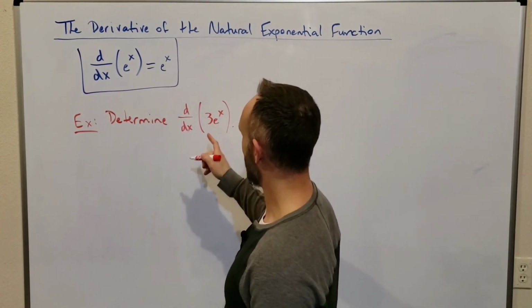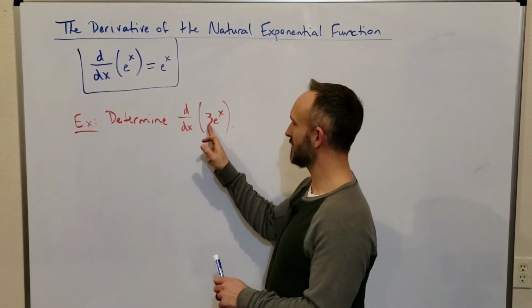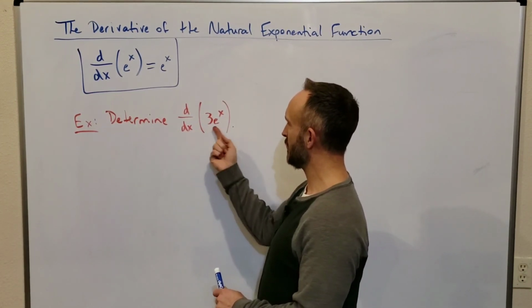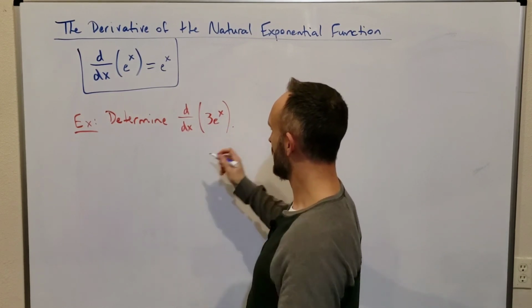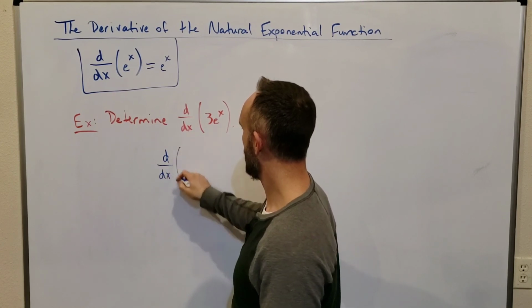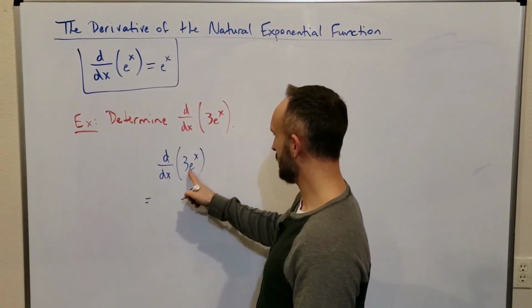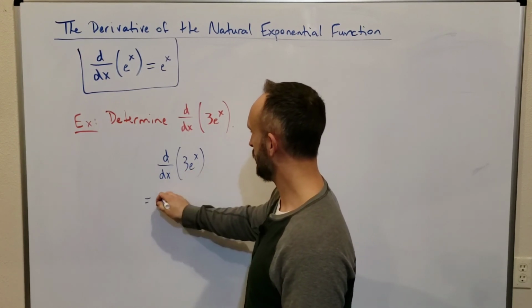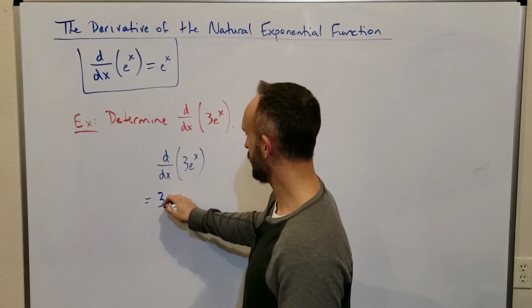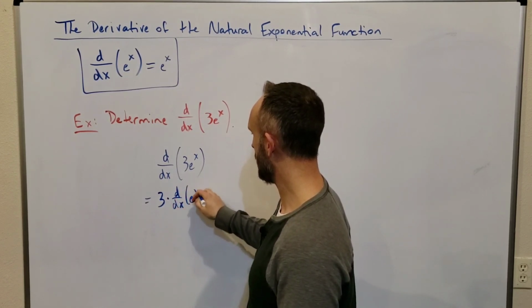So in this case, because we just have a constant multiple here, I can apply my derivative to the e to the x function. So we just get the derivative with respect to x of 3e to the x. Well, you can push the derivative in, because this is a constant multiple. You can push it past the 3, so you can do 3 times the derivative with respect to x of e to the x.